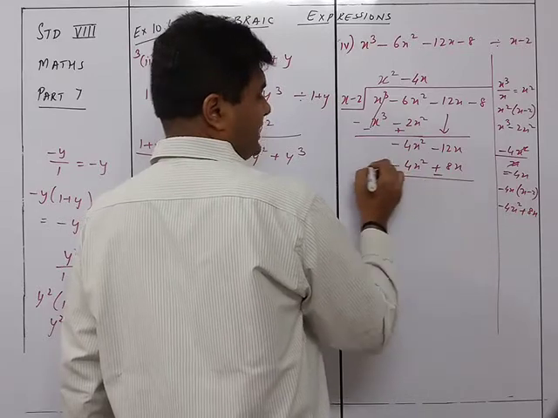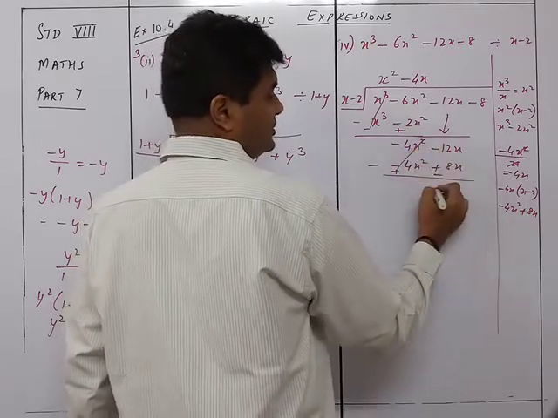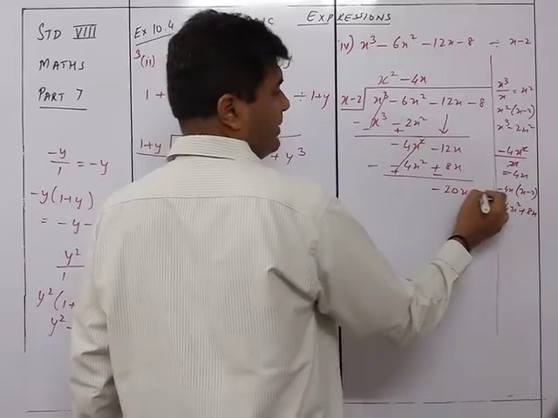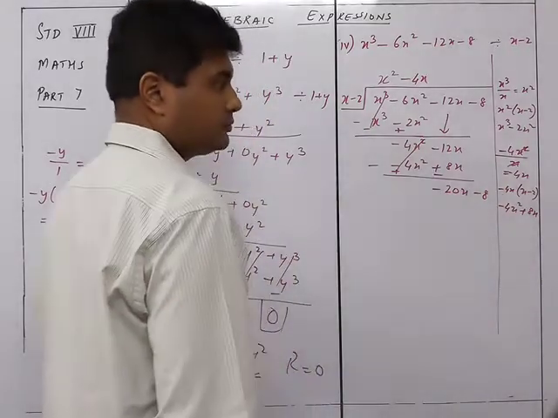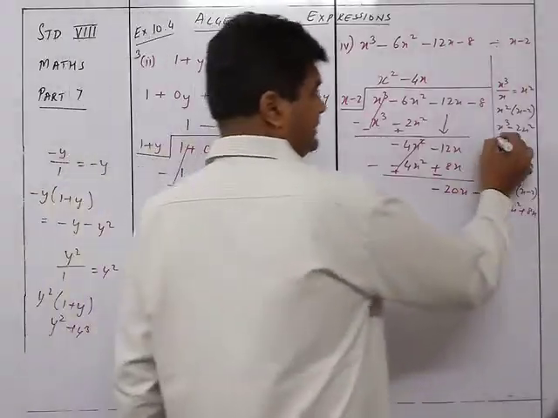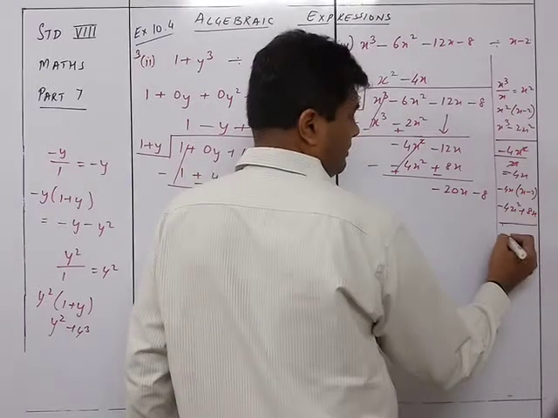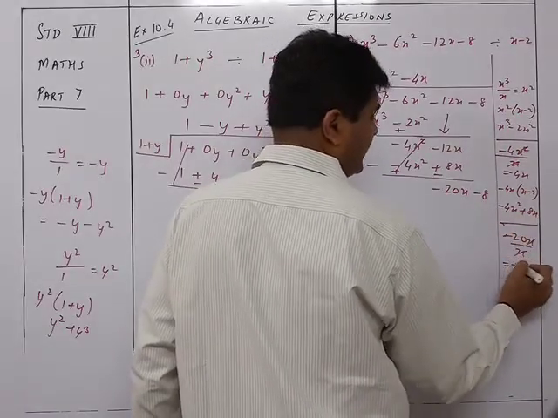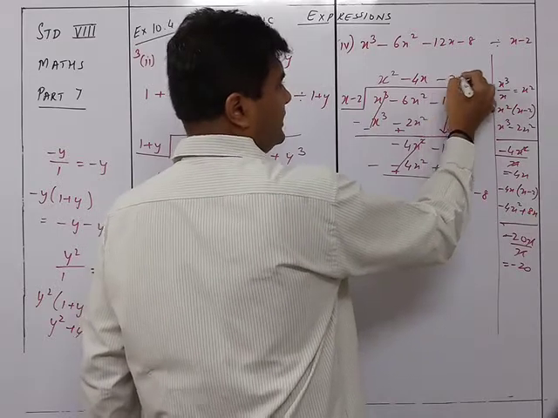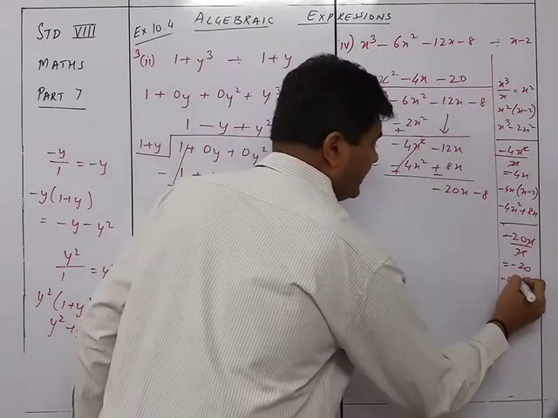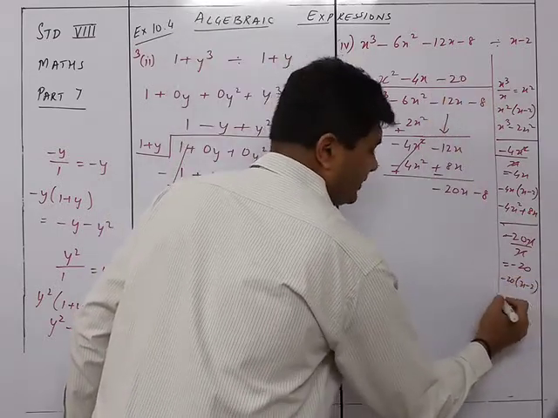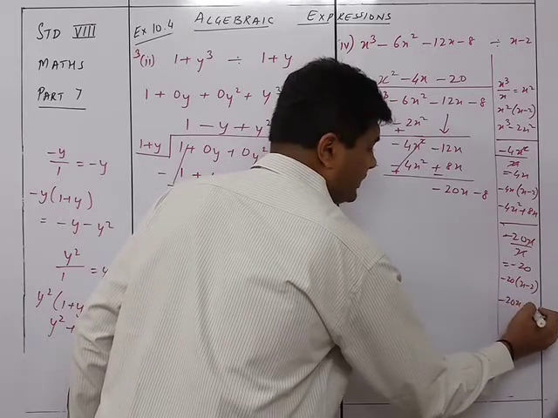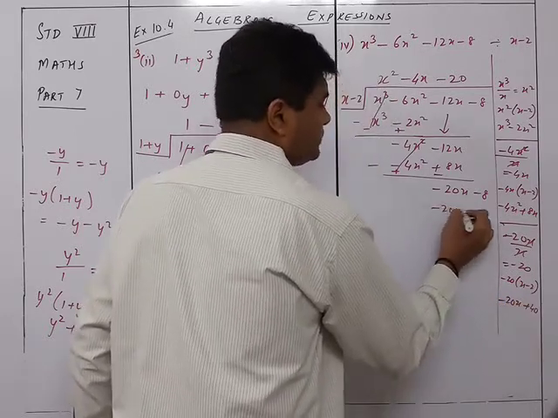Plus sign, minus sign, cancels, it is minus 20x minus 8. Again the same thing, minus 20x upon x, x cancels, so it is minus 20. So you place minus 20 here. So minus 20 into x minus 2 is minus 20x plus 40. So it's minus 20x plus 40.